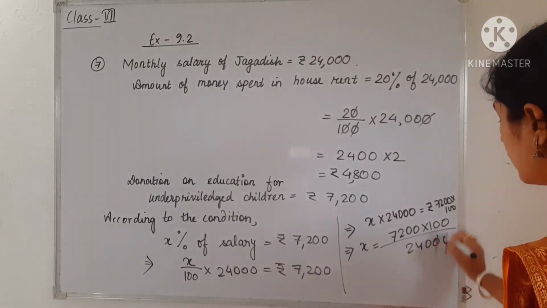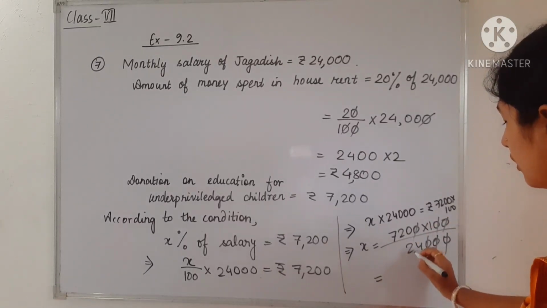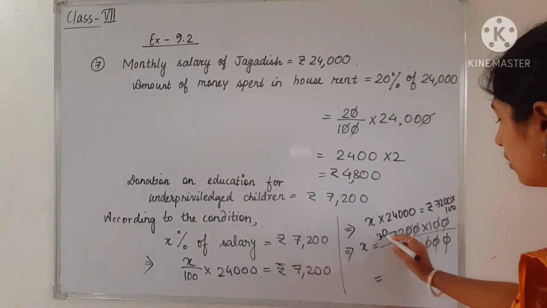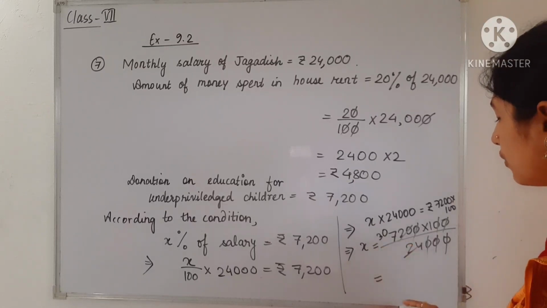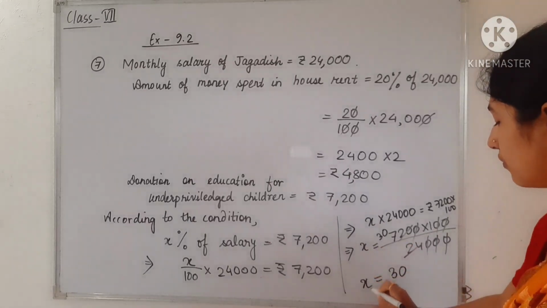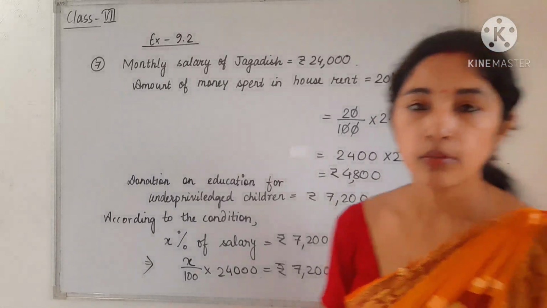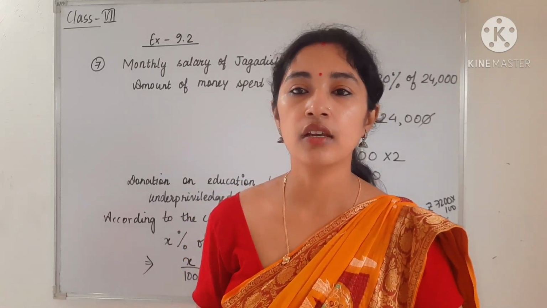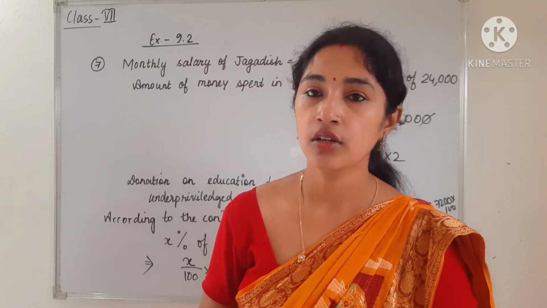So all the 0s will get cancelled. Okay, so this will become 24 3s are. So 24 3s are, so after that we have to put 0. 24 3s are is 72, and after that we have to put 0. So this will be 30. So we can say that 30%. Okay, that means 30% of Jagdish's salary. 30% of his salary he is donating for the education of underprivileged children.